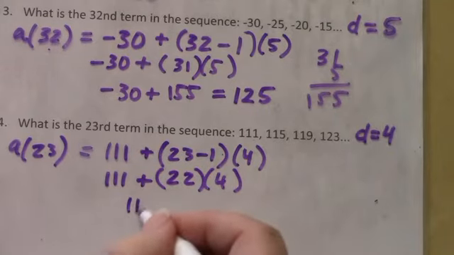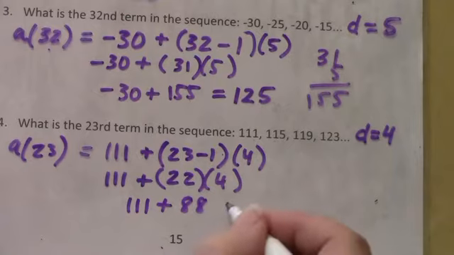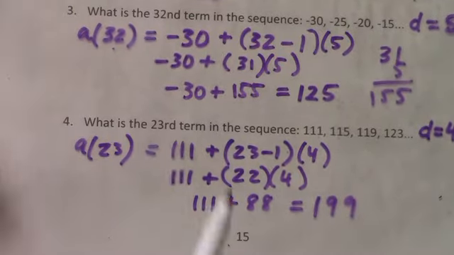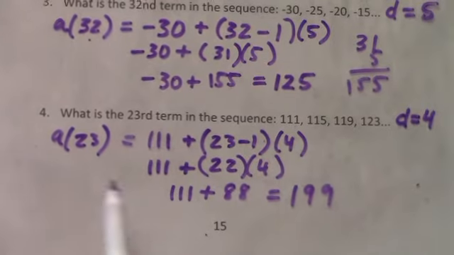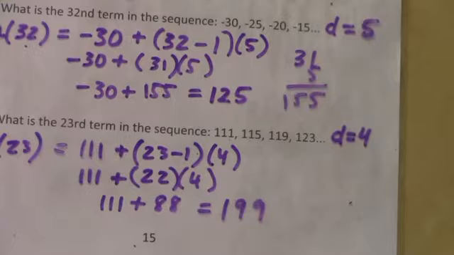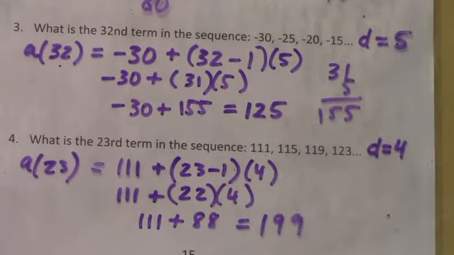That is 88. 111 plus 88 equals 199. So the 23rd term, if we were to continue this list all the way out to the 23rd term, we would end up with 199.